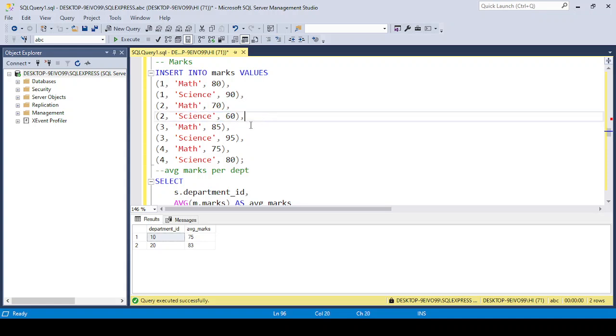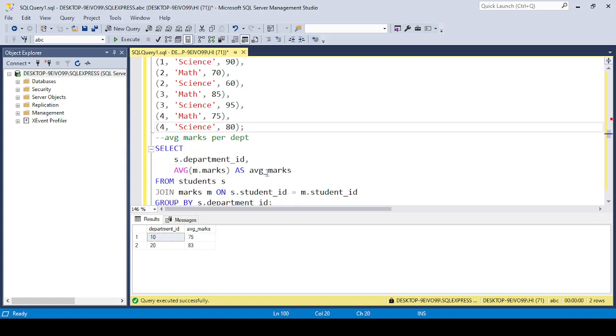Here if I take, it will be 85 plus 95, so 180, 180 plus 75, that will be 255, 255 plus 80 will be 335, 335 when divided by 4, it is giving me 83 point something.